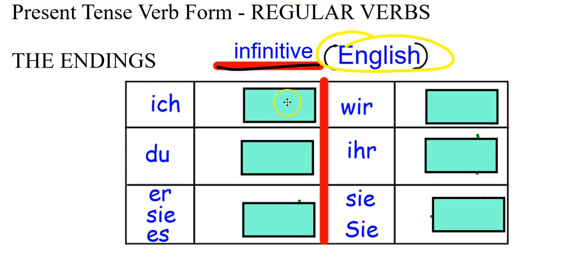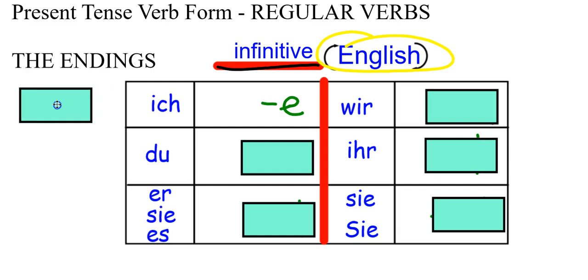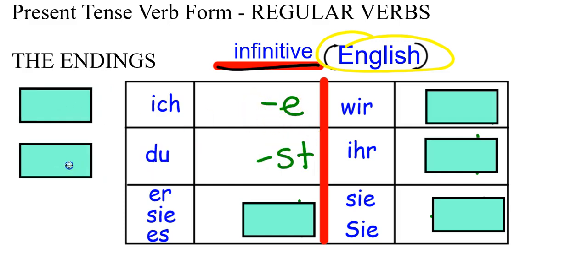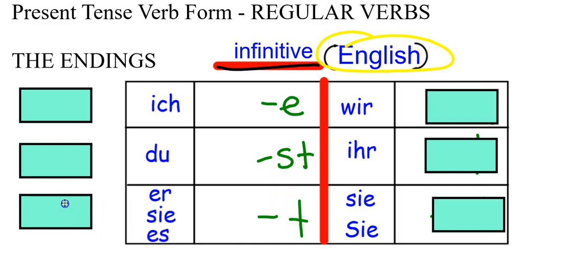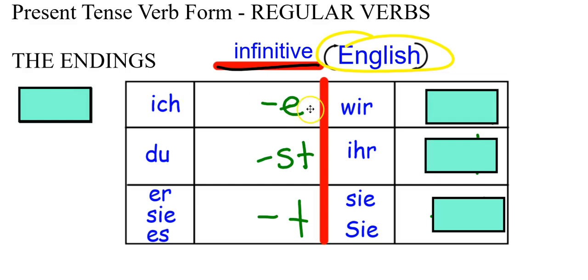So let's take a look at these. So ich has an E ending. Du is typically ST. Er, sie, es is T. All of these are singular. Now we move to the plural side of our chart.